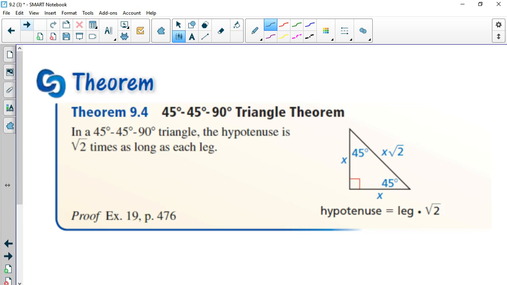Okay, new stuff. Special triangles. This is called a 45-45-90 triangle. We had called it previously an isosceles triangle. It has 2 matching sides, we call them legs, and specifically this is a right isosceles.